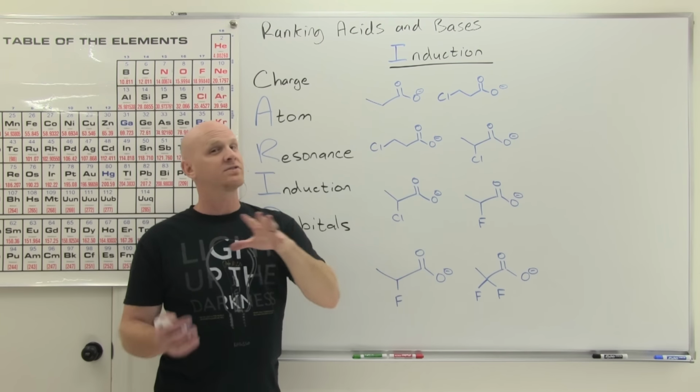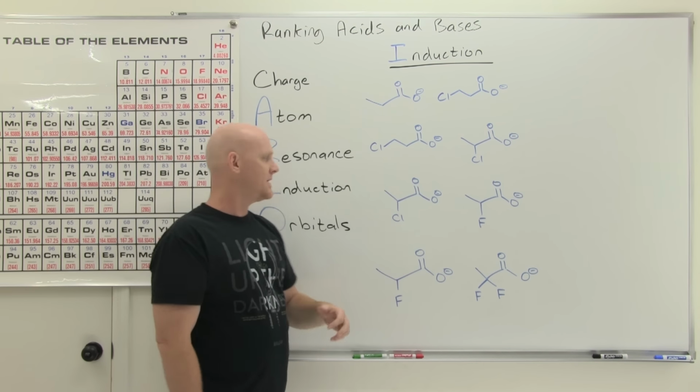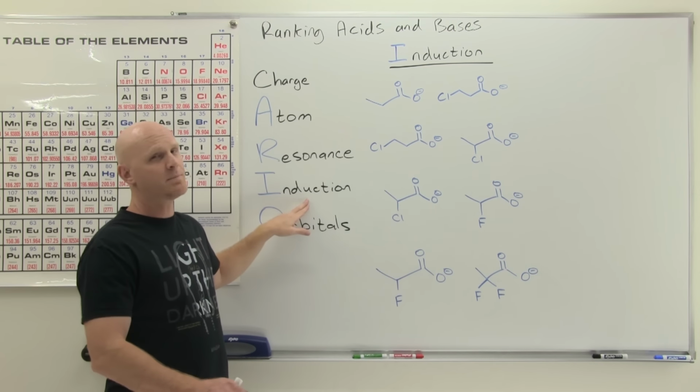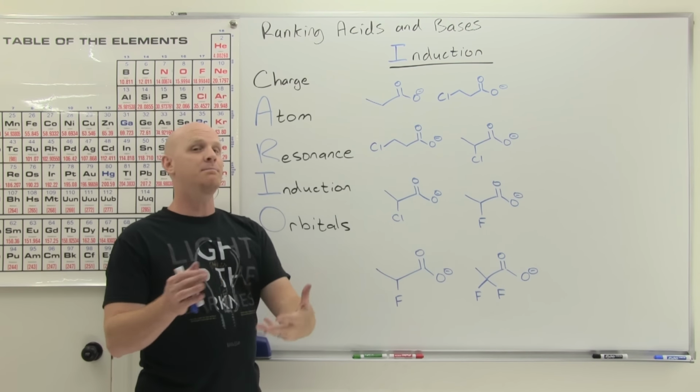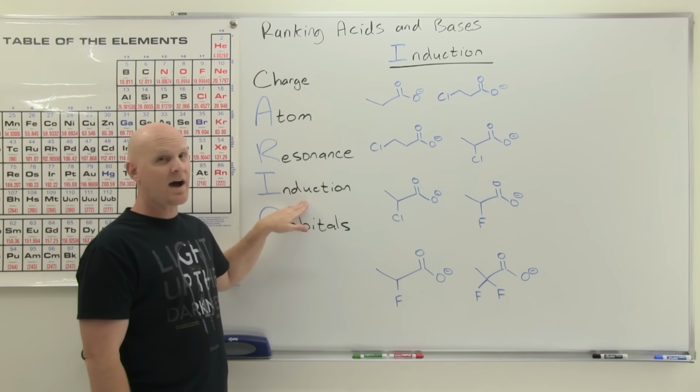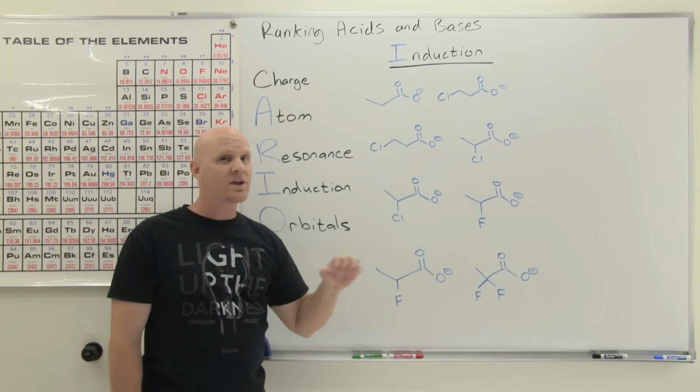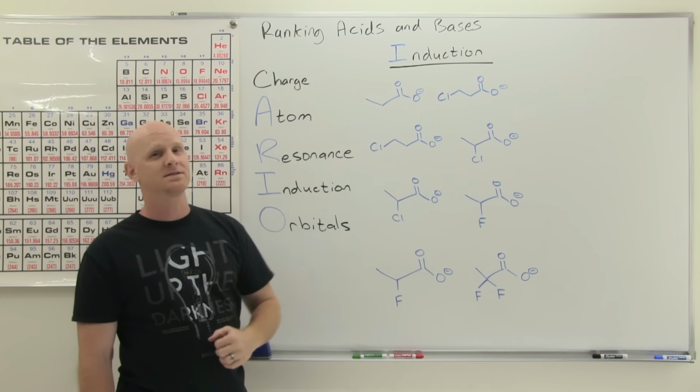The atom rule is about size and then electronegativity. But induction here means you're not the base, you're just a helpful neighbor, and you're in the area to help that base out. It has nothing to do with size, it has everything to do with pure electronegativity, pure polarity, if you will.